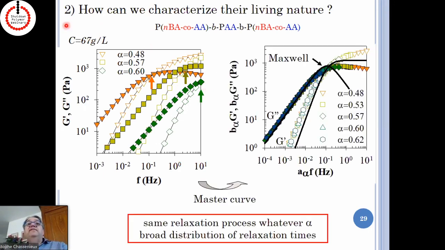But if I take all these curves obtained at different ionization degrees and build a master curve by shifting them with respect to a reference curve, all the curves superimpose. This means that whatever the ionization degree, the relaxation process always occurs in the same manner, which is the extraction of one hydrophobic block from the core of the flower-like micelles.